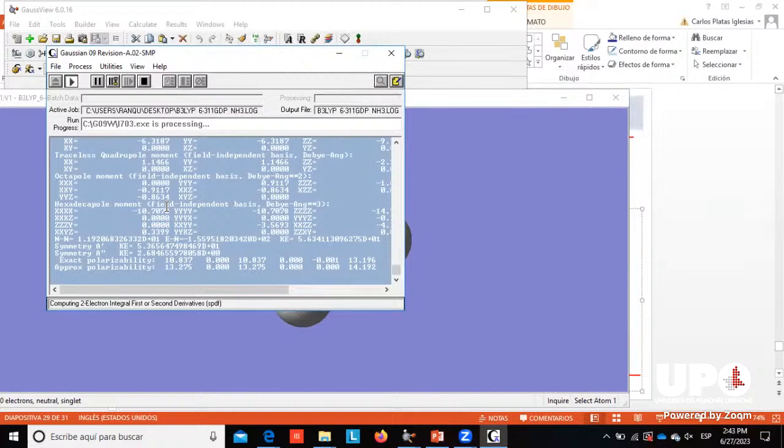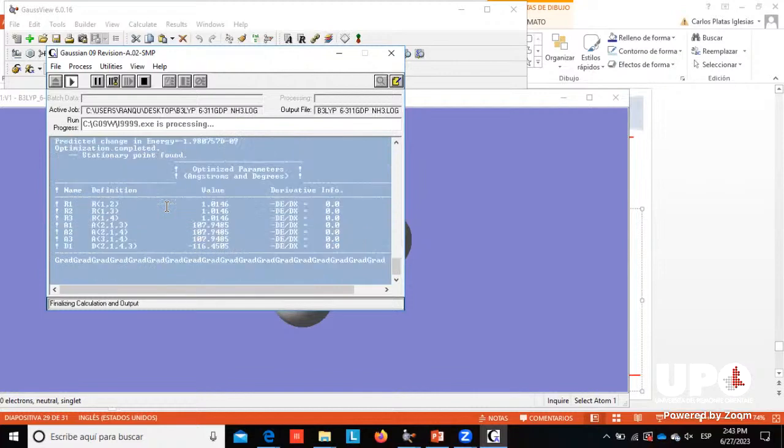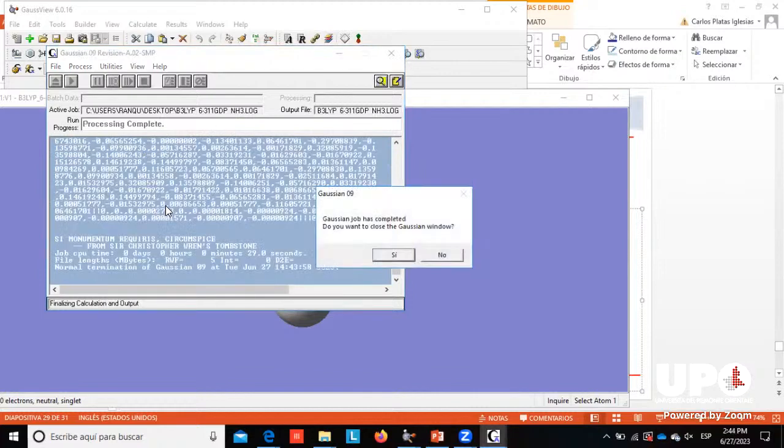But this is the input file. The output file extension is log. Is this one? Okay. It is the one that you hid in the Gaussian calculation setup. Okay. Job type.